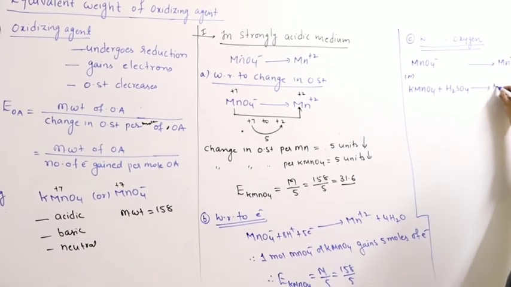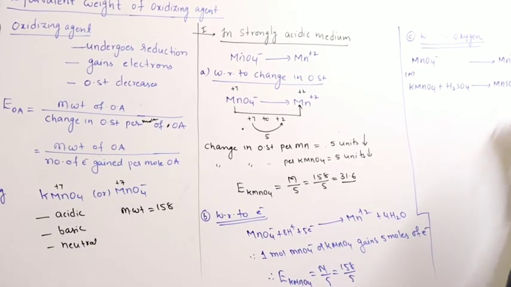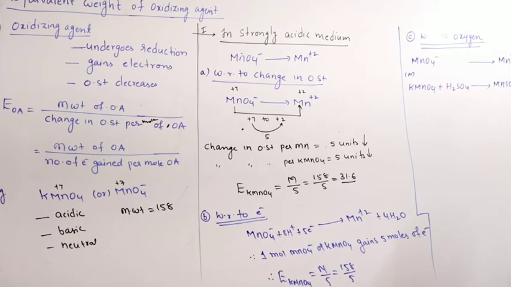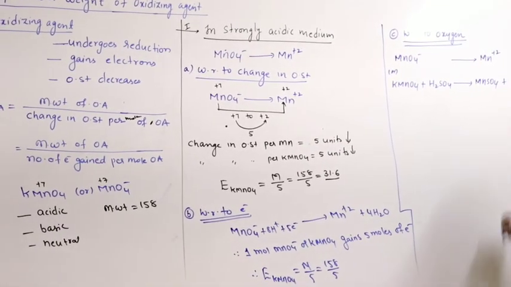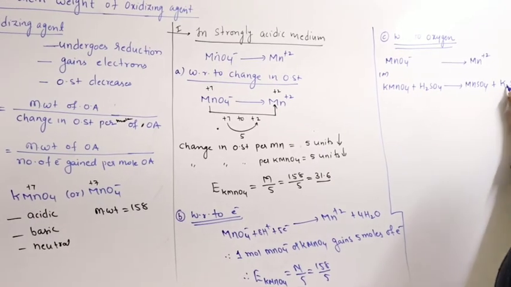Manganese plus 2 combines with sulfate to form MnSO4, and potassium forms K2SO4.